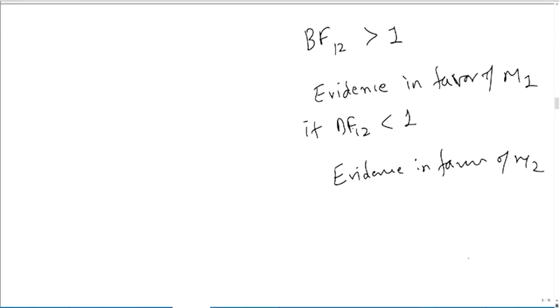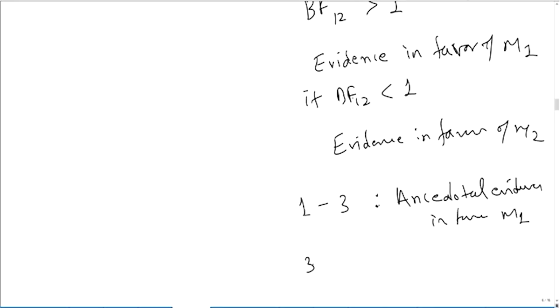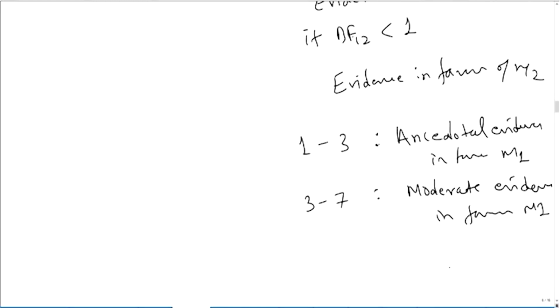But there are some conventions. For example, if the Bayes factor value is between 1 and 3, then you cannot say that there is reliable evidence. You can say there is some anecdotal evidence in favor of M1. If it is between 3 and 7, you can say there is moderate or weak evidence in favor of M1.